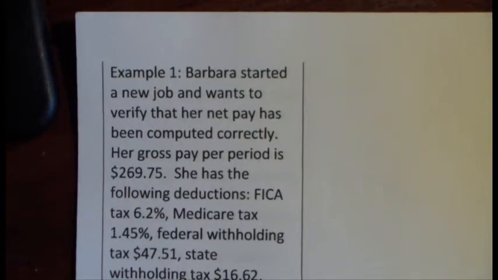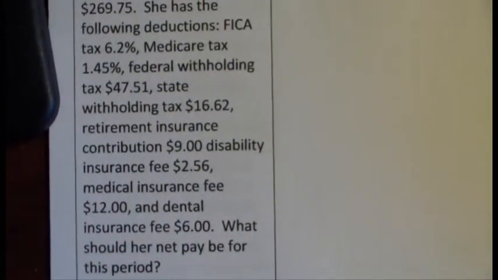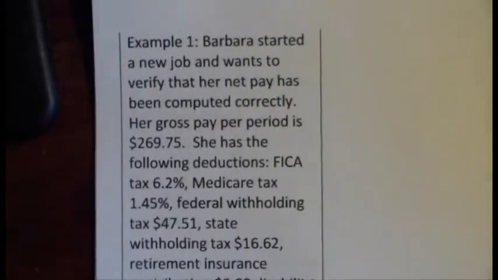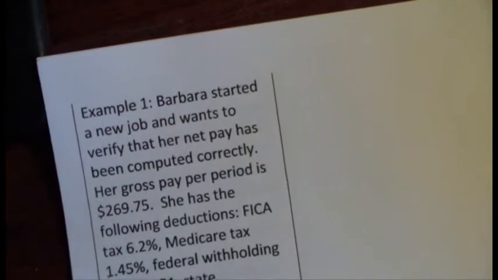What should be her net pay for this period? So what we're going to do is basically add all these up and see what her total is. First thing we need to do, though, is calculate how much the FICA tax and Medicare tax is going to take out of her paycheck.